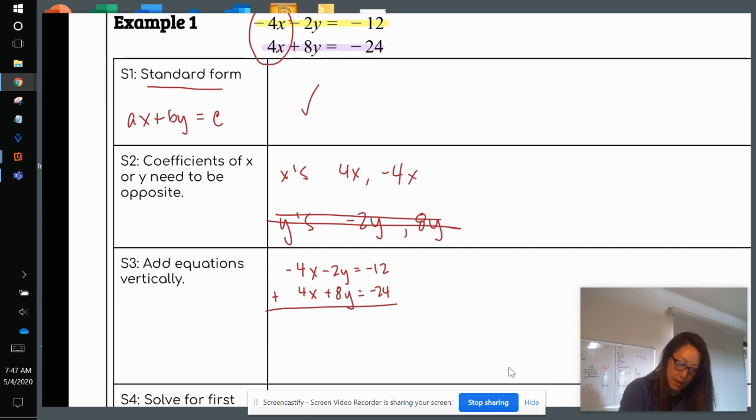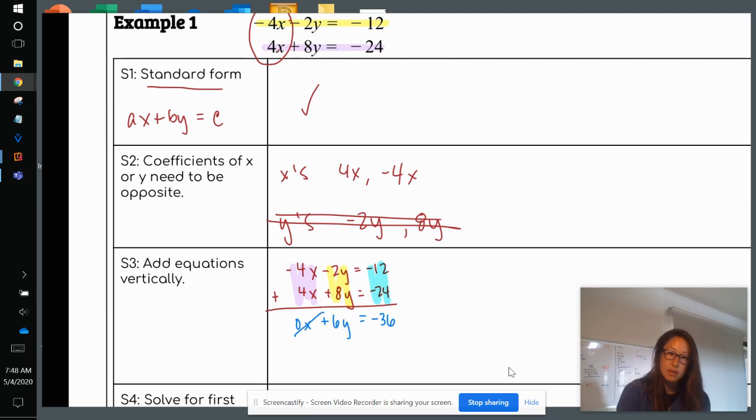So I'm going to add my x's, then my y's, then my constants. So -4x plus 4x is 0x. -2y plus 8y is positive 6y. I bring down my equal sign. -24 plus 12 is -12. So I'm going more negative.